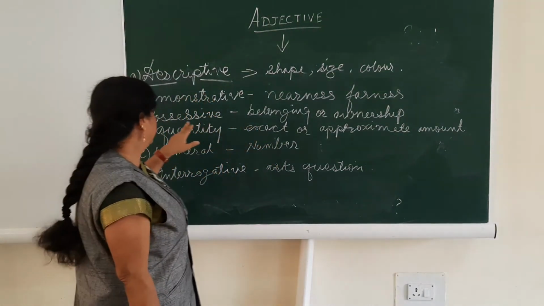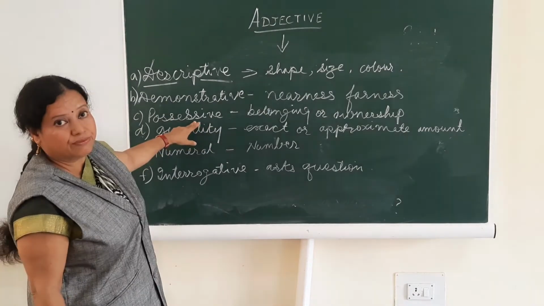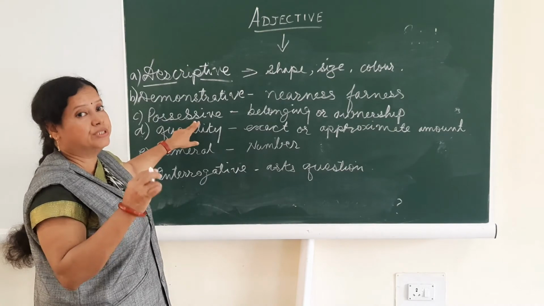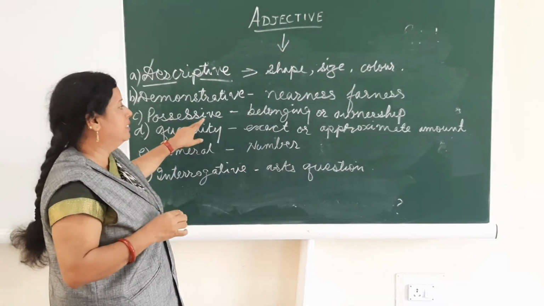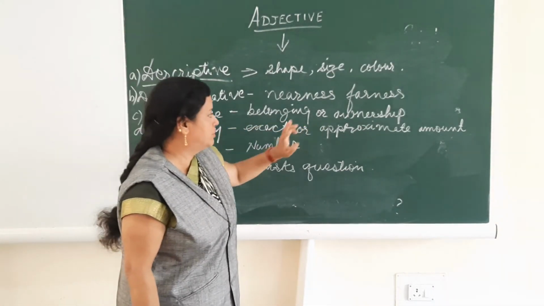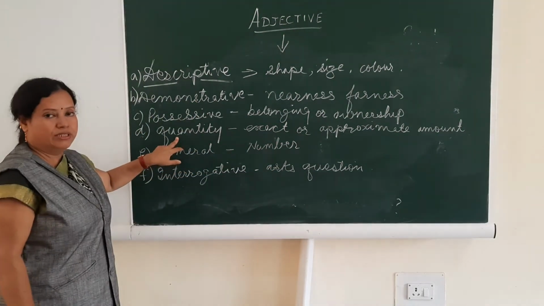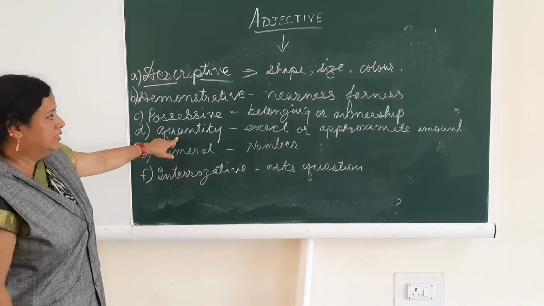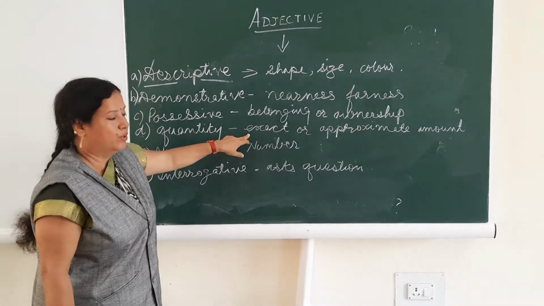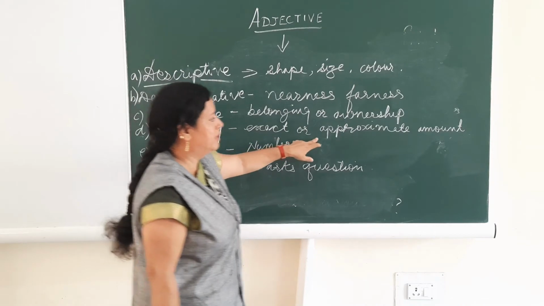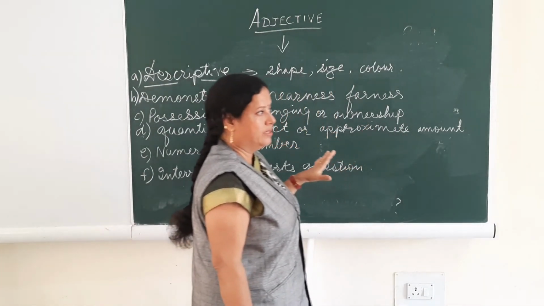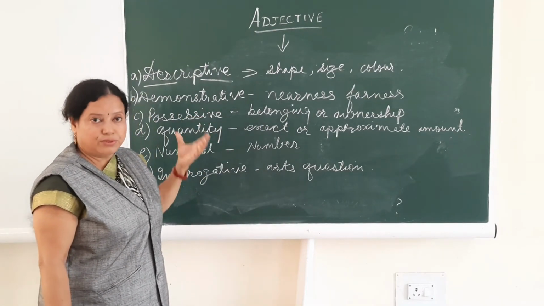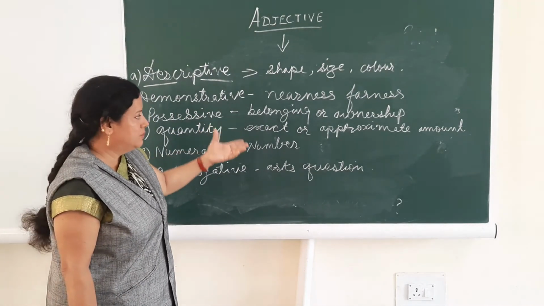Now let's come to possessive. As is clear from its name, it is showing belonging, possession, or ownership. Now quantity. Adjective of quantity is showing the exact or approximate amount of something. Some water, few things, few biscuits.